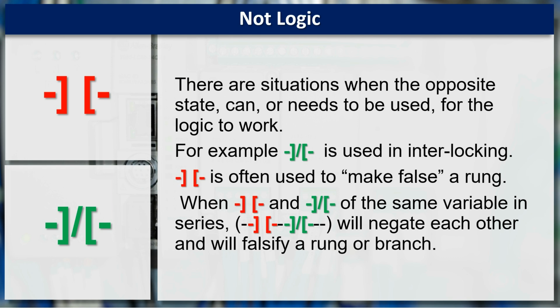For example, an XIO is used in interlocking, and an XIC that's turned off is often used to make false a rung. When you put an XIC and an XIO of the same variable in series, they will negate each other, which will falsify a rung or a branch.